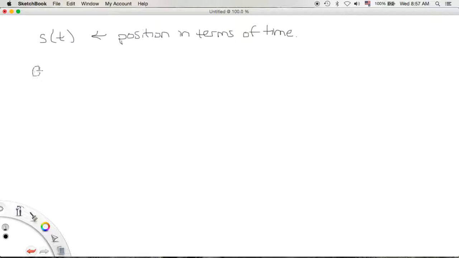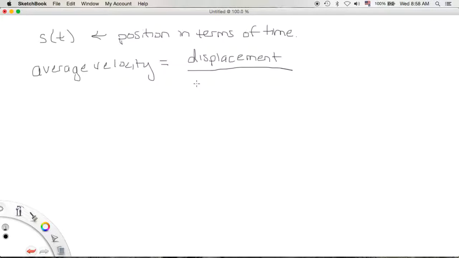Now, your average velocity is going to be your displacement, or your change in position, divided by the time that you travel. So that's your change in position over your change in time.